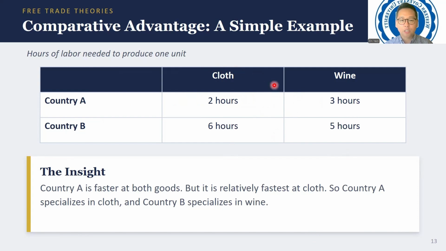So the best outcome is for country A to specialize in clothes and country B to specialize in wine, and then trade. This produces more total clothes and more total wine for both countries combined.